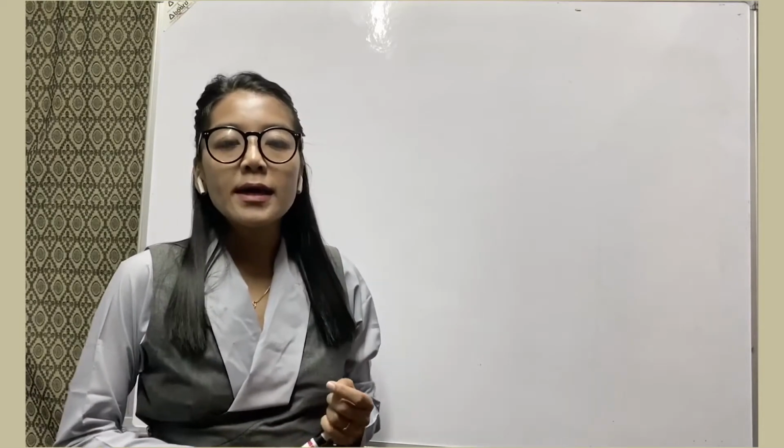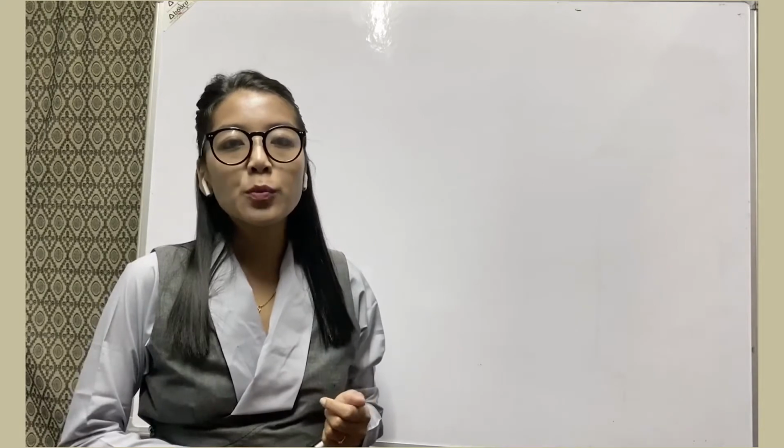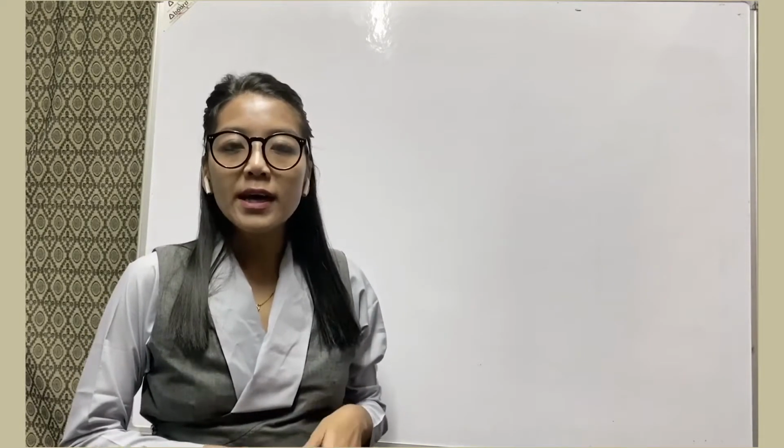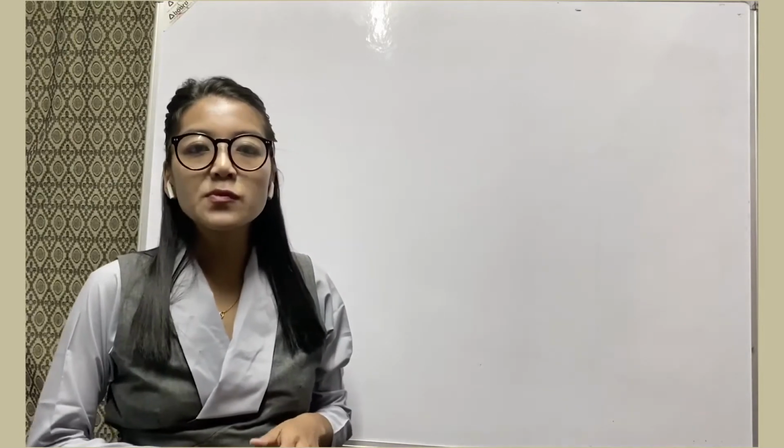Today I will be continuing with the last topic of local maxima and minima. In the last class you had seen how using the derivative we can find the points of local maxima and minima. For that we had taken two methods, the first derivative test and the second derivative test.